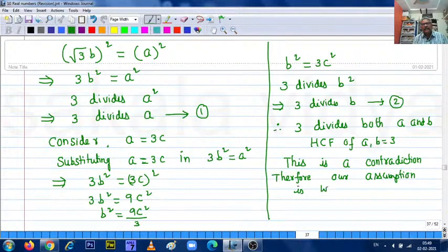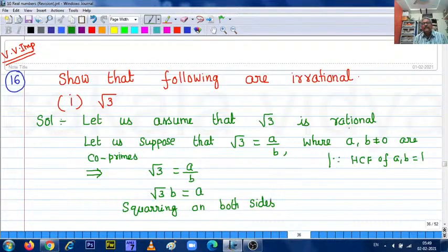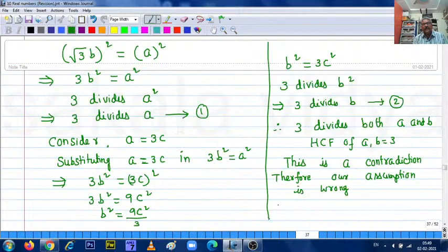What is our assumption? We said root 3 is a rational number. So it's wrong. Wrong means root 3 must be irrational. So hence root 3 is irrational.